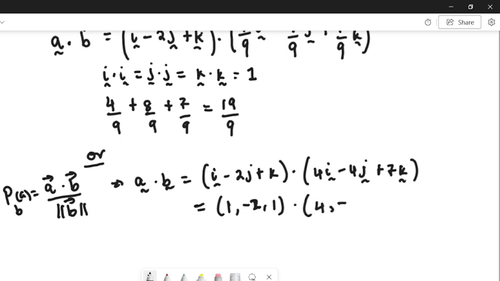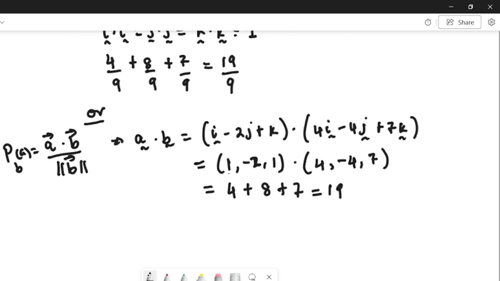Here we take the coefficients: 1, -2, 1 and 4, -4, 7. For the dot product, 1 times 4 is 4, plus 8 from -2 times -4, plus 7. This gives us 19.